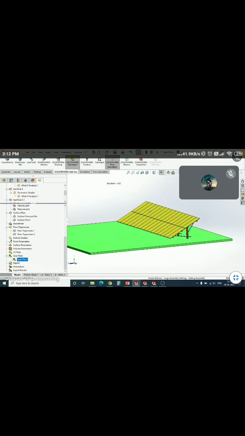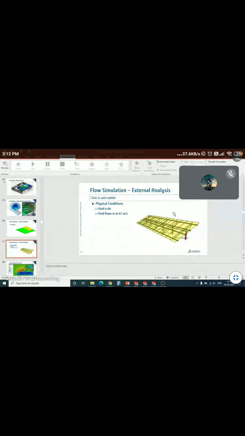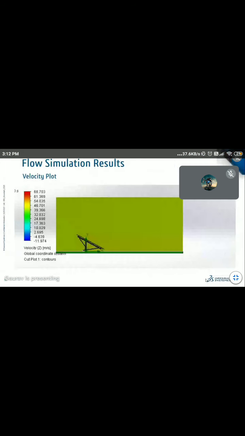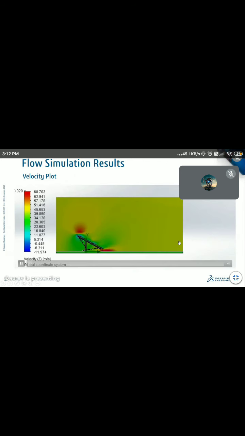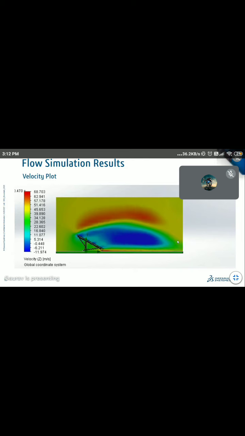And this pressure can be used to perform your static level of analysis. And yes, of course, you can perform transient analysis also, like this.